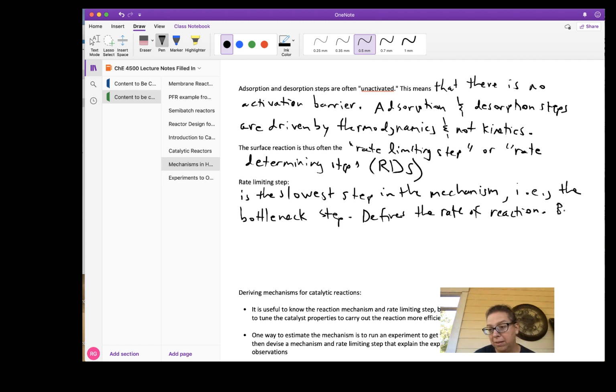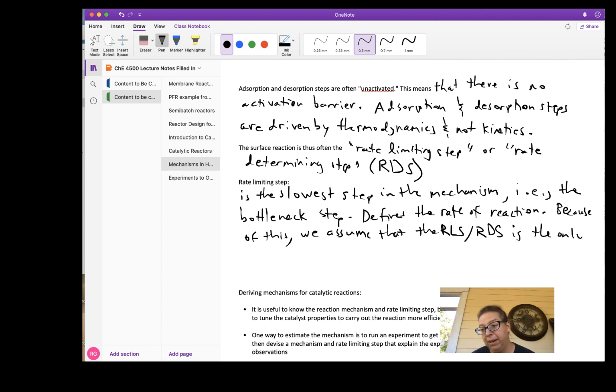Because of this, we often assume that if there's one rate determining step, one rate limiting step, the rates of all the other steps in the mechanism are fast enough to come into equilibrium. So we assume the RLS or RDS, same thing, is the only slow step in the mechanism.